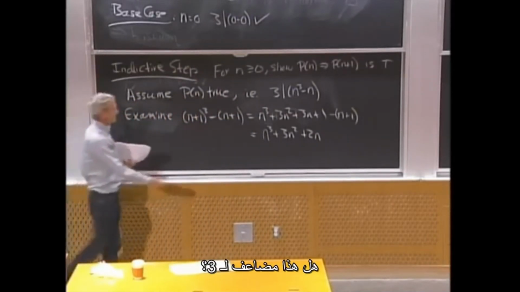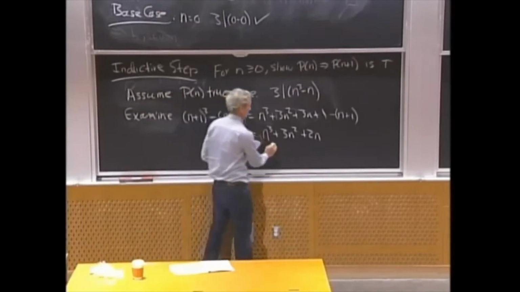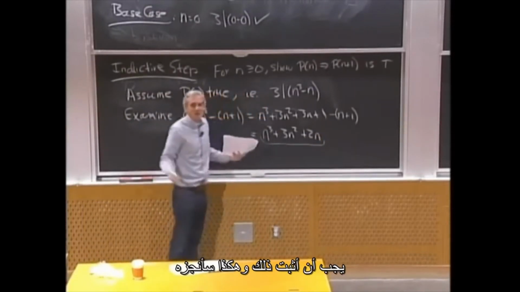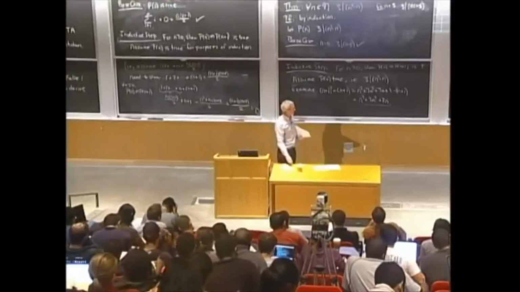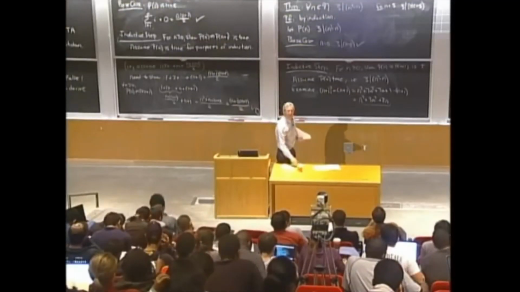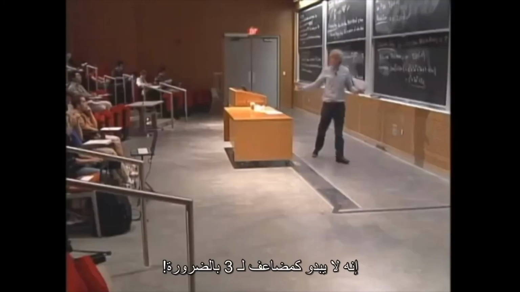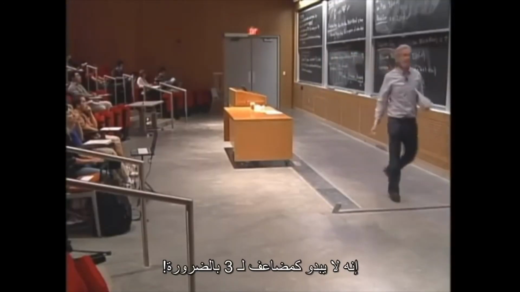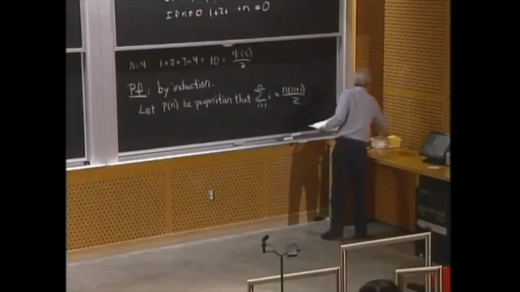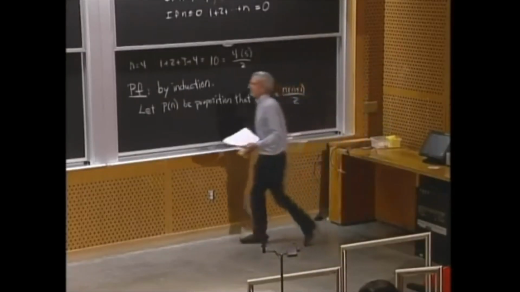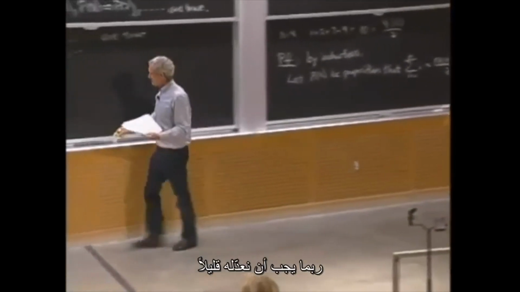Is this a multiple of 3? I need to show that's a multiple of 3, and then I'd be all done. Is it a multiple of 3? Beats me. It doesn't look like a multiple of 3 necessarily. So maybe we need to massage it a little bit.